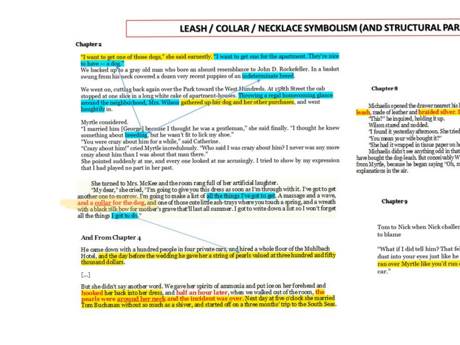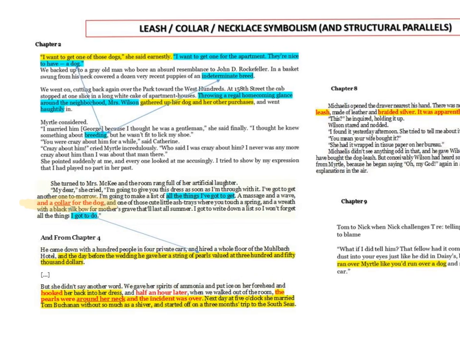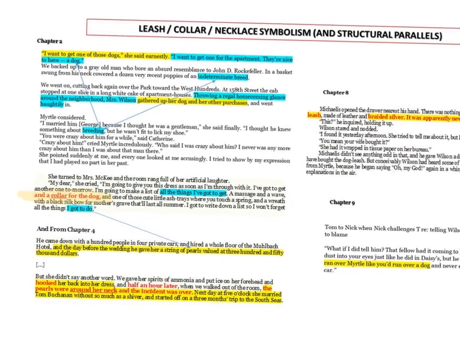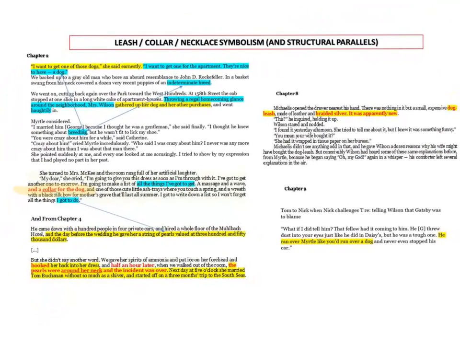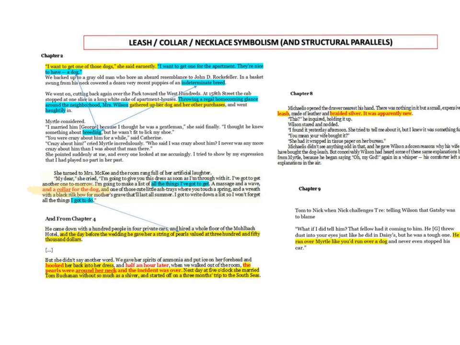It will always enable the purchase of other or extra women beyond Daisy Fay / Buchanan, with whom he cannot be satisfied or content. Let's follow this strand through when we look at chapter 4 and move across to chapters 8 and 9 as well, just to establish this as a pattern which occurs across the novel.